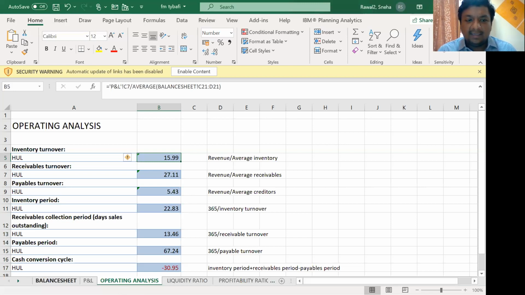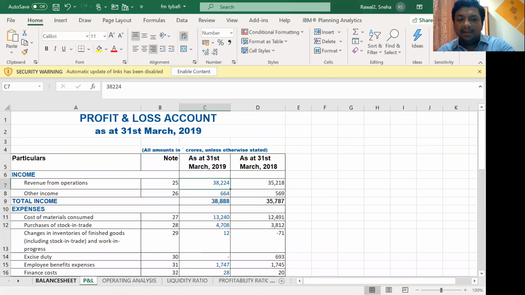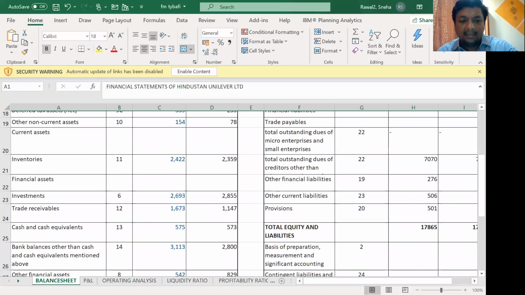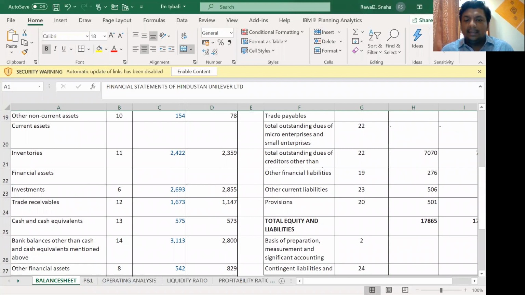Okay, the next one, that is receivables turnover ratio. Receivables turnover ratio is revenues divided by average receivables. Revenue from operations, that is 38,224, divided by average debtors, that are 1,673 and 1,147.